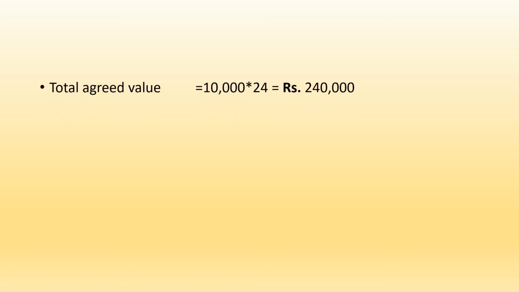In this question, the agreed contract price of the customer is 10,000 per month for 2 years, which means it will give rupees 240,000. So let's see the standalone prices.